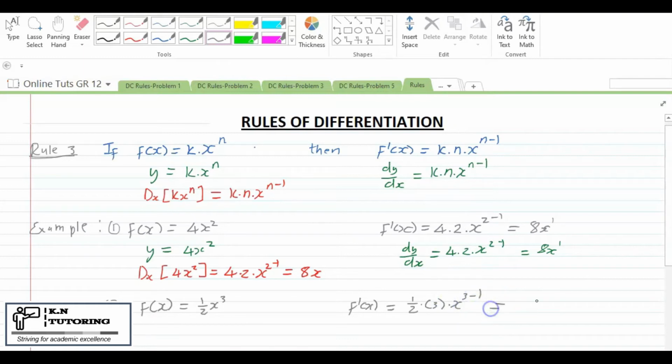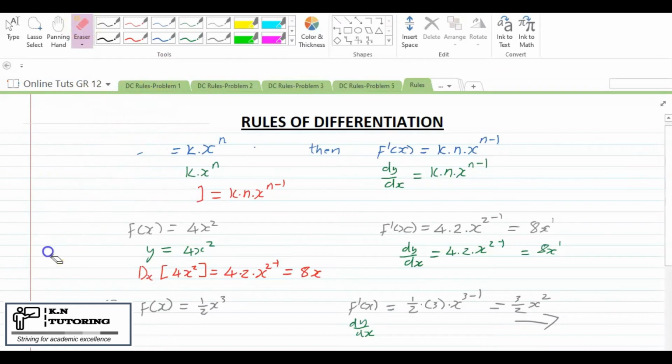Half times 3 is going to be 3/2, so 3/2 x squared, and that will complete this question. If it was dy/dx, or if it was this d/dx notation, I was just going to have equals to, then the same answer.